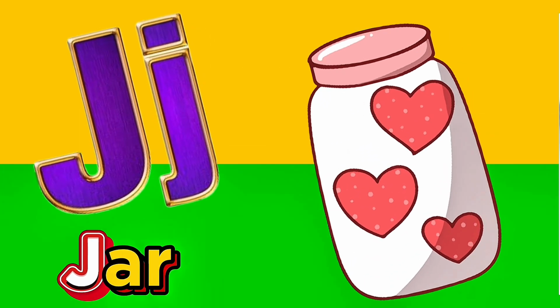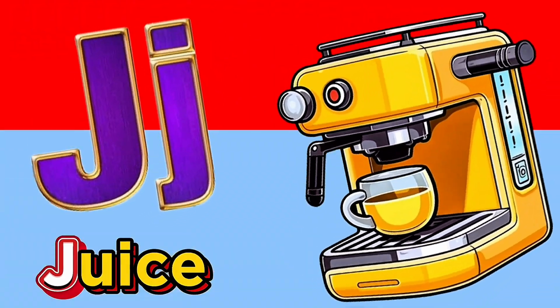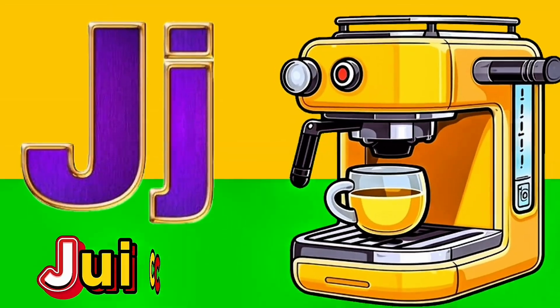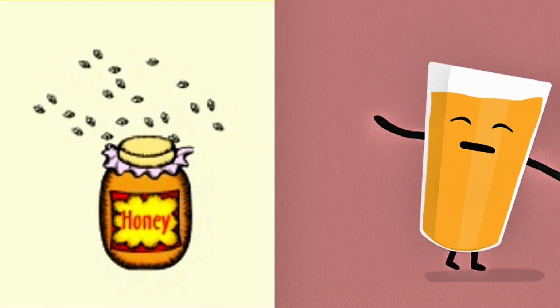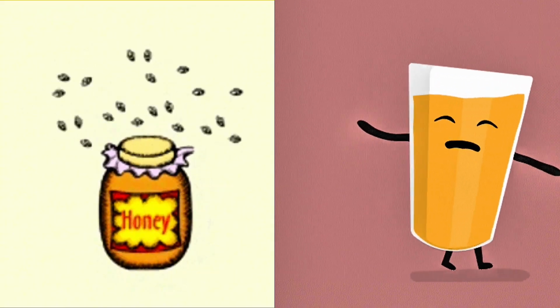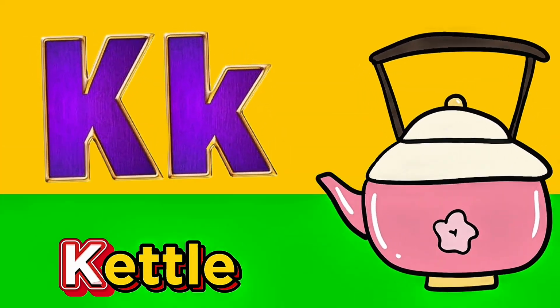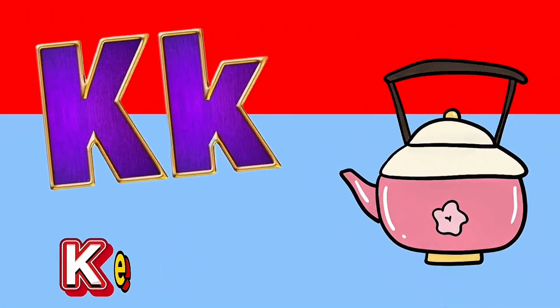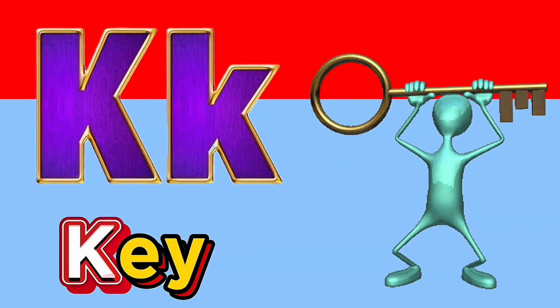J is for jar. J is for juice. J is for jar. J is for juice. K is for kettle. K is for key.